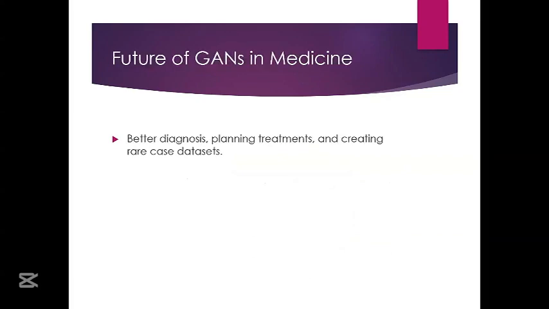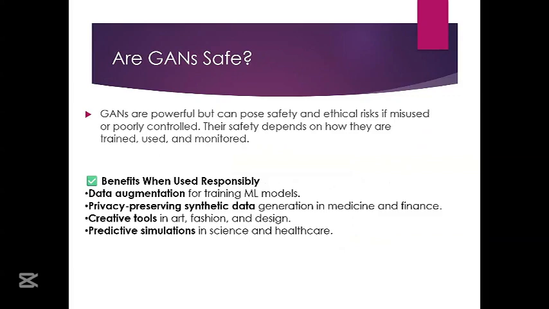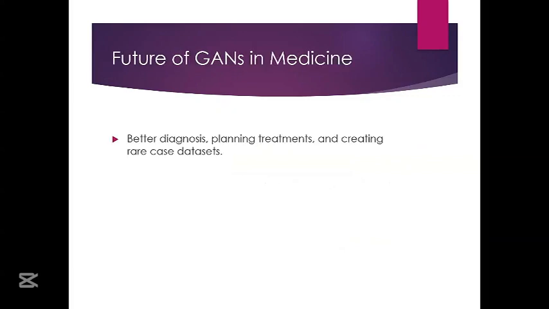And for the future of the GAN, maybe what I'm thinking is that GAN will play the biggest role in the future, right? The reason is we can use GAN for most things.